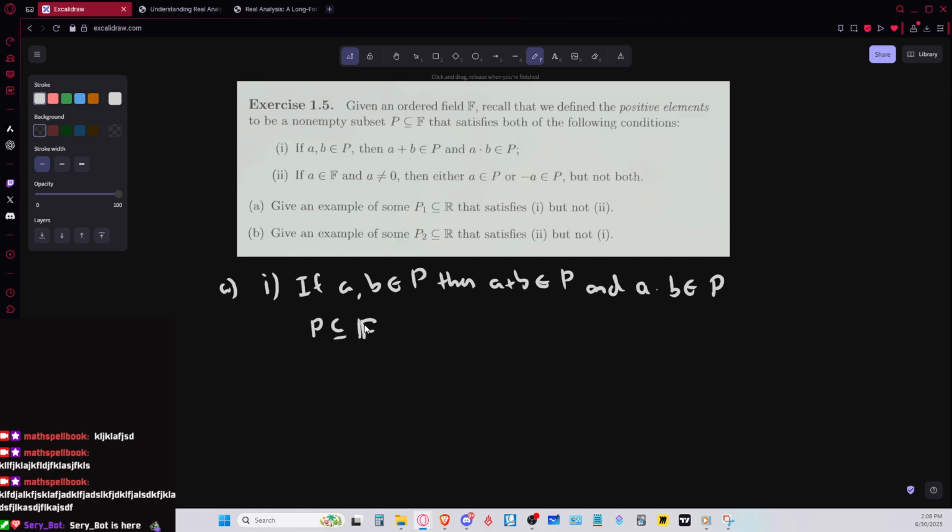And we have to give some examples of P1. So P1 has to be a subset of P, which is a subset of F.